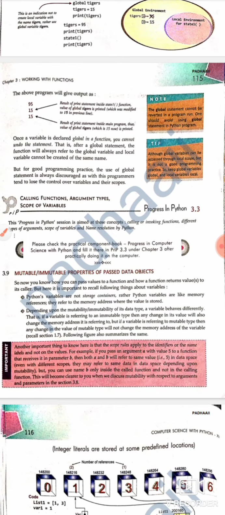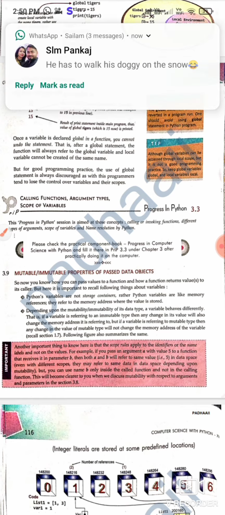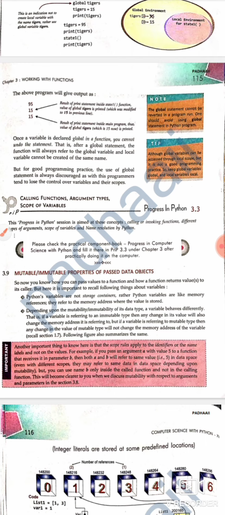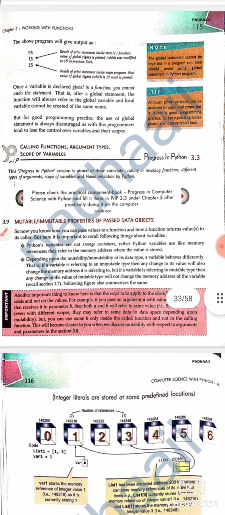Now, calling functions, argument types and scope of variables. We have mutable and immutable properties of passed data objects. Python variables are not storage containers; rather, they are like memory references. They refer to the memory address where the value is stored.